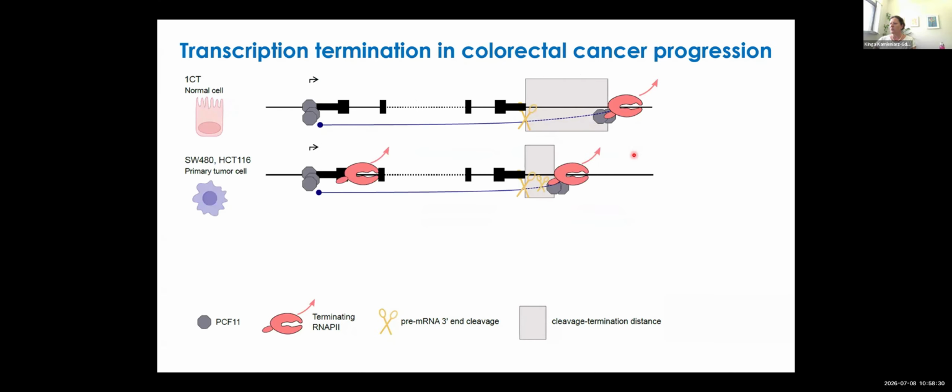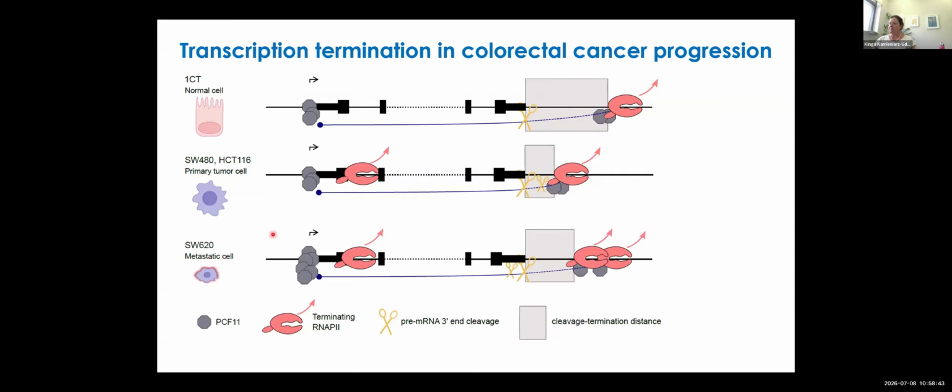What we observed in cells from primary tumor is that the same cleavage sites might be used, or more distal ones, generating a longer mRNA, but termination is accelerated. While in the case of the cells from metastasis, we see an opposite trend both for cleavage and for termination, the partial reversal to the normal phenotypes.